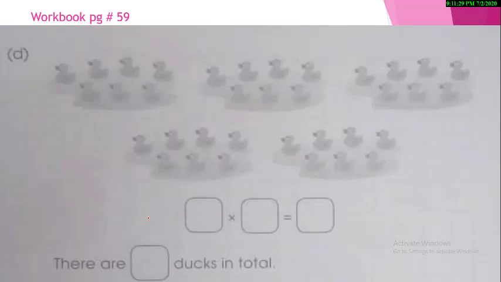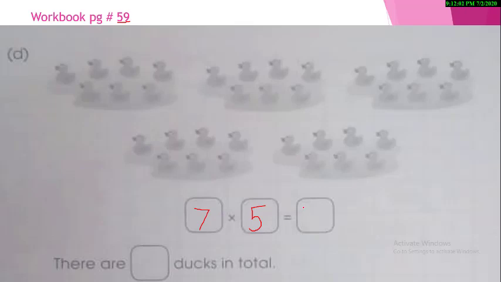Okay, this picture is a bit dim, but you can clearly see it from your workbook. So take out your workbook page number 59, and as you can see, how many ducks are there in each group? 1, 2, 3, 4, 5, 6, 7. Yes, 7. And how many groups are there? 5. So you can read that 7 fives are or 5 sevens are.